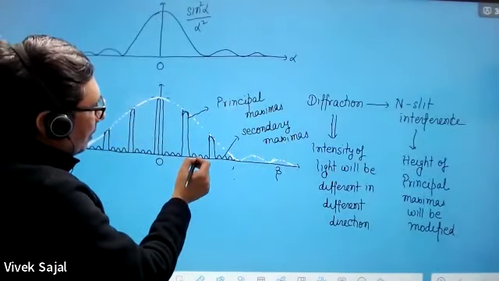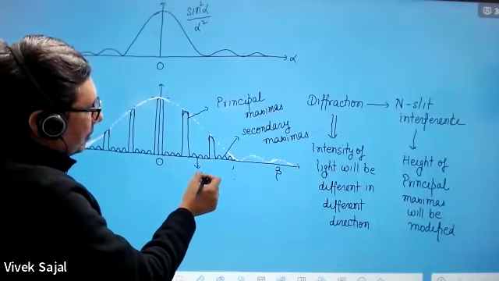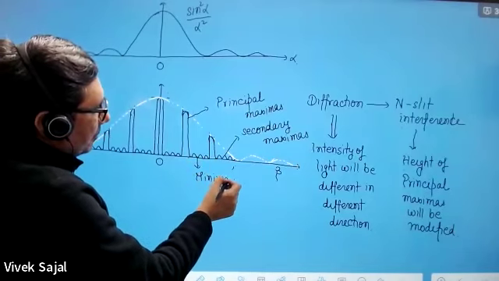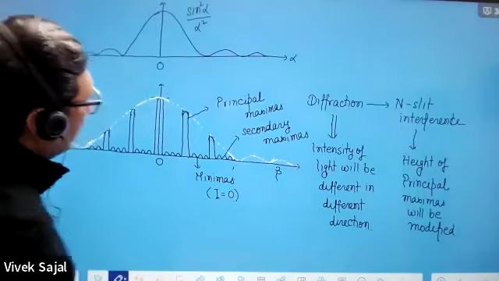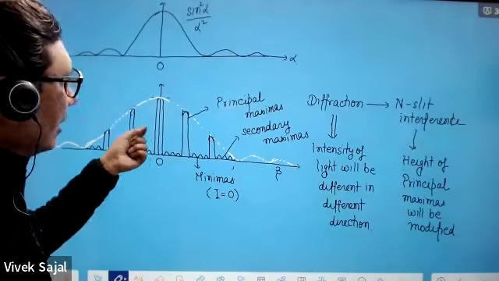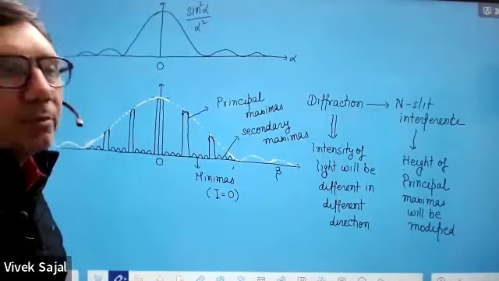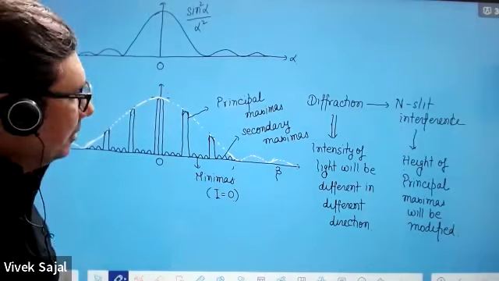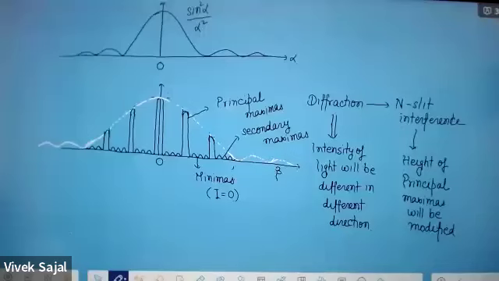In between principal maximas and secondary maxima there are minimas. Here minimas means where intensity I is 0. So three aspects are there: principal maximas, secondary maximas, and minimas. Is this clear up to this point, beta? Yes, sir. Okay, beta. Next.